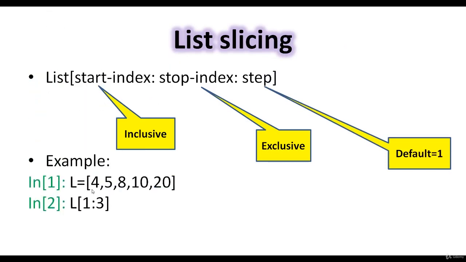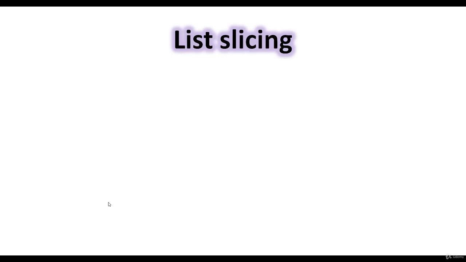Now in this example, this is the list, and list object square bracket index 1 to 3. So it will select the elements from 1 to 2. 3 is exclusive. You can see that this is 0 index, this is 1, this is 2, and the third element is excluded.